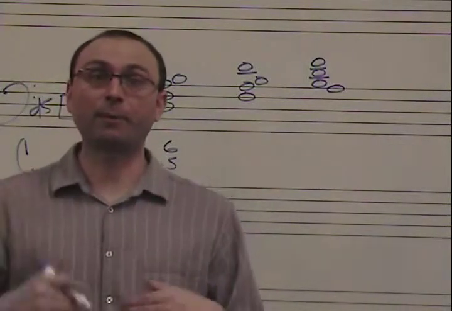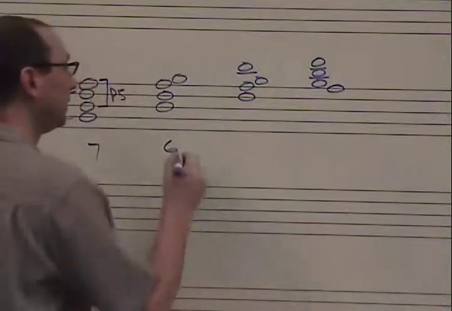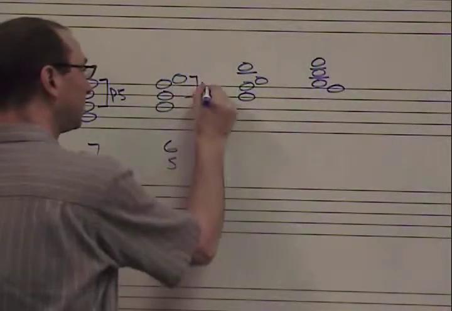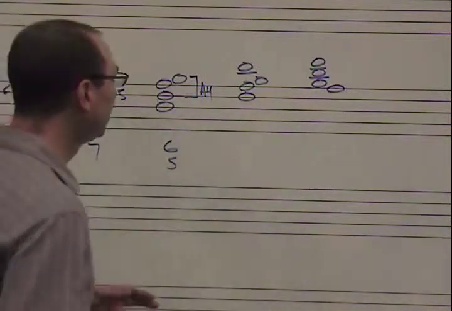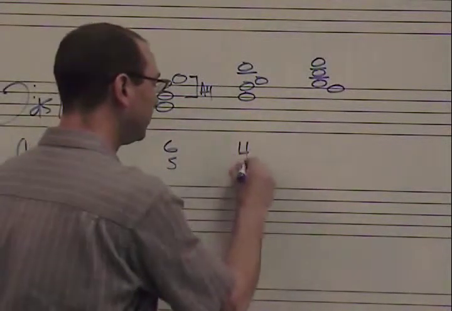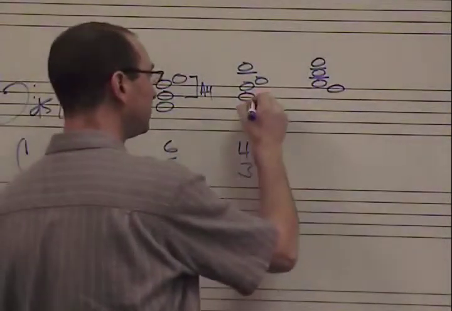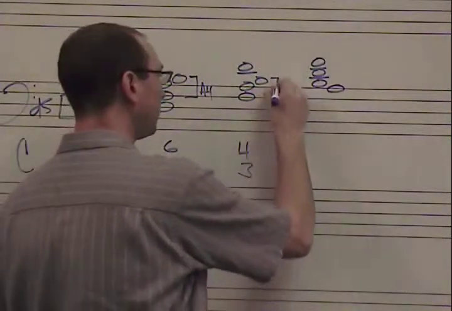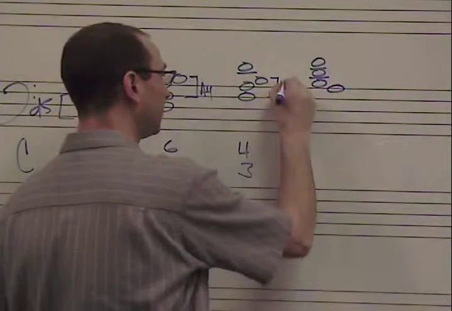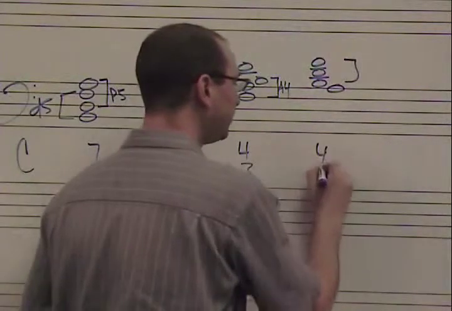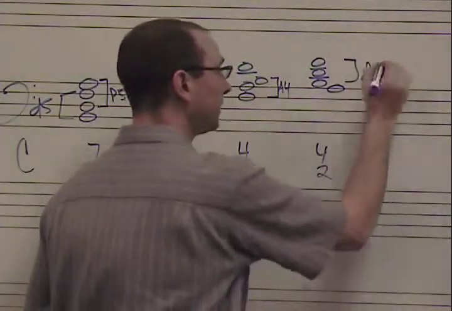So diminished fifths, remember, invert to augmented fourths. And that augmented fourth is found here. The subsequent inversion 4/3 position also features the augmented fourth. And the 4/2 position features a diminished fifth.